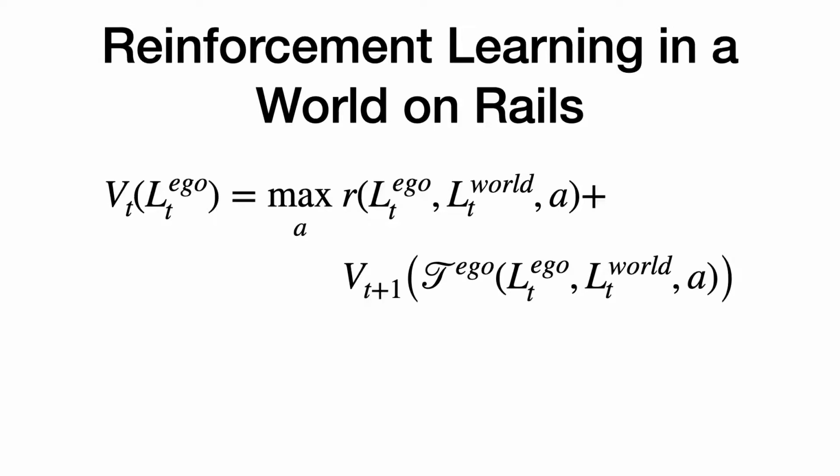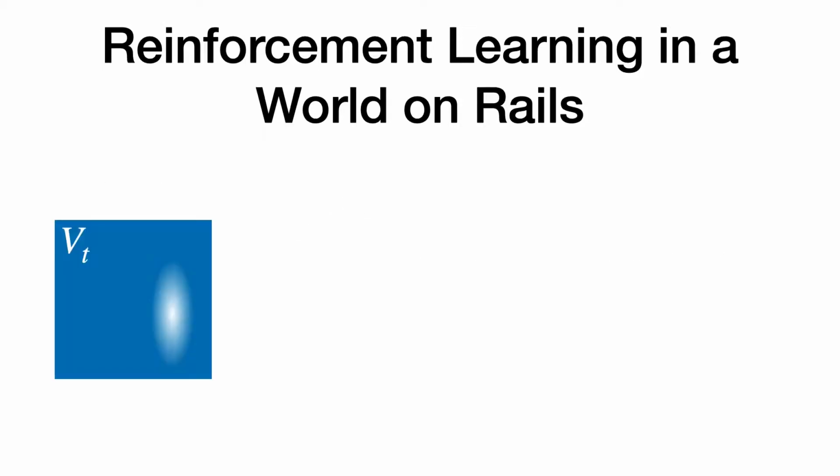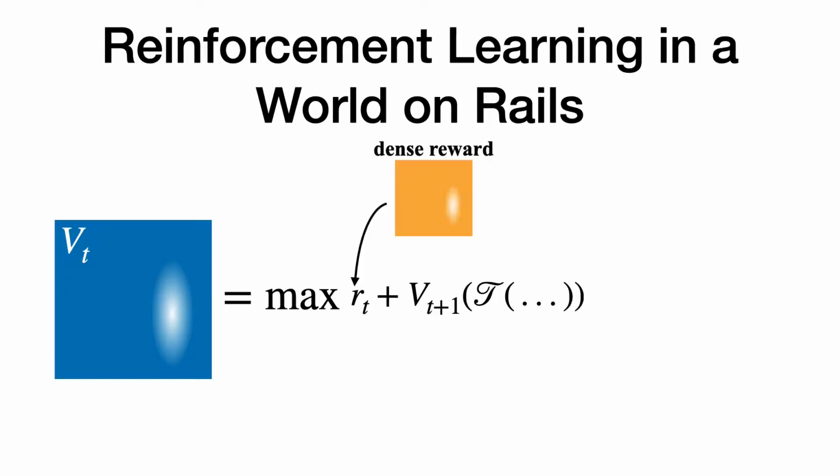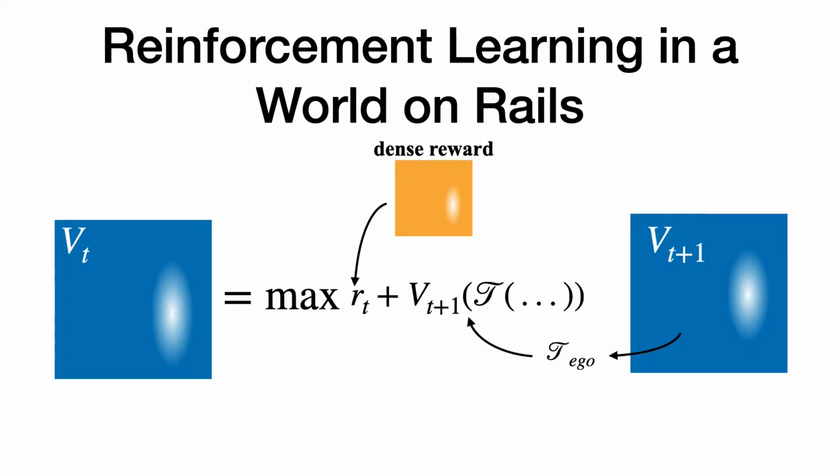The ego vehicle state is small enough to discretize in a table. This leads to a very efficient evaluation of the Bellman update through dynamic programming. The value at time t is defined as the maximum over all actions of the rewards that we collect choosing that action, plus the value at time t plus 1 displaced by the transition function of the ego vehicle.